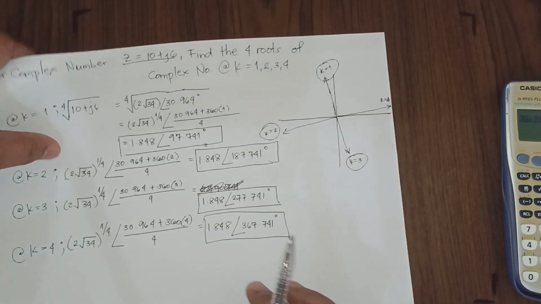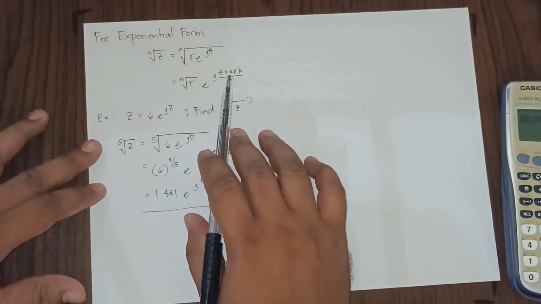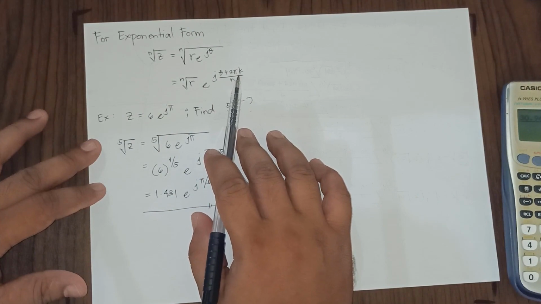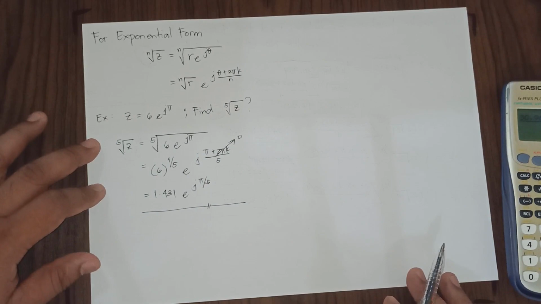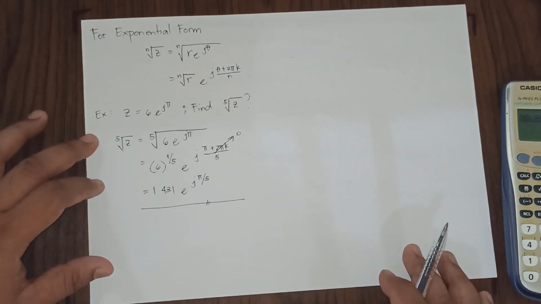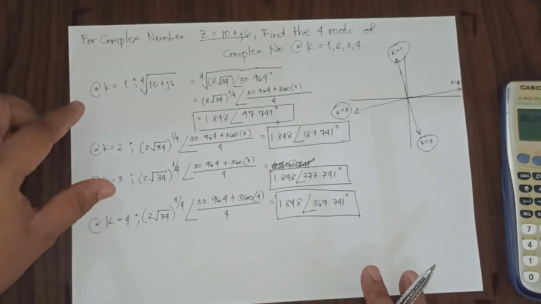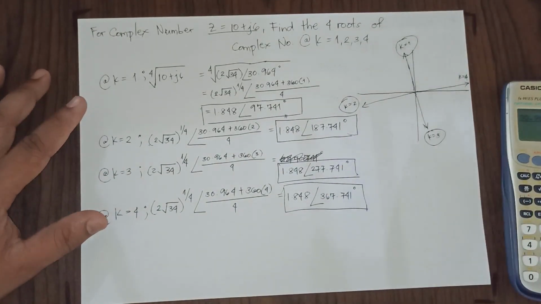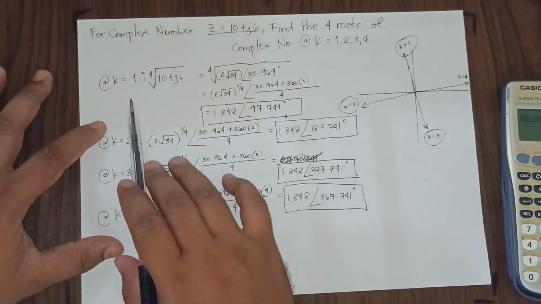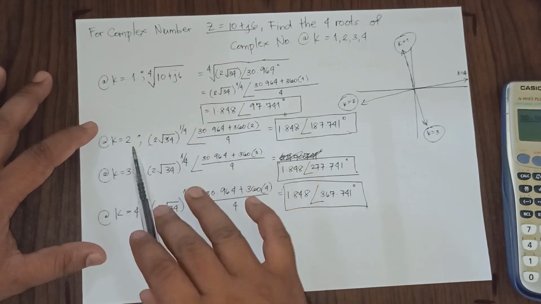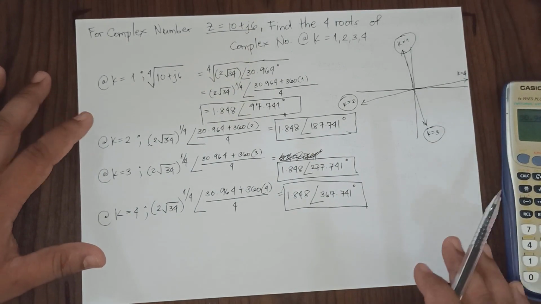In terms of exponential form, it is also the same. The only difference is the 2 pi k, which, as you know, is 360 degrees. You can see their directions. And as I said, we are not limited to 1, 2, 3, 4 only. It can be 5, 6, 7, and so on.